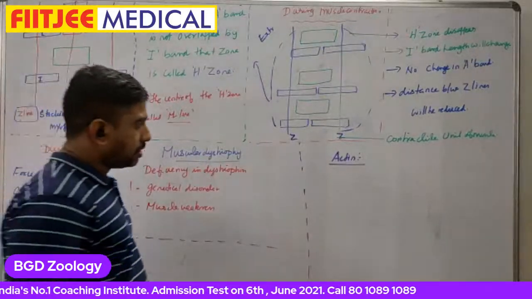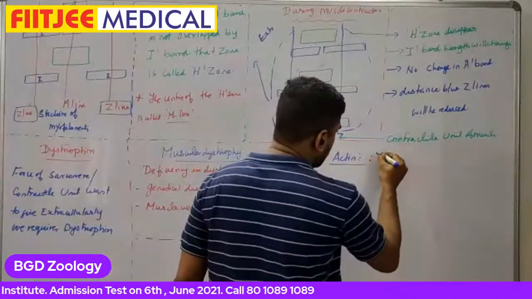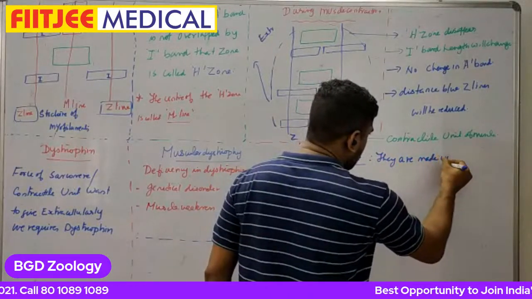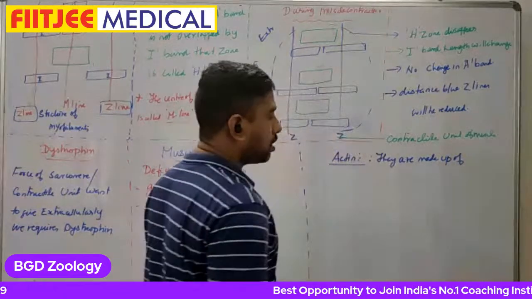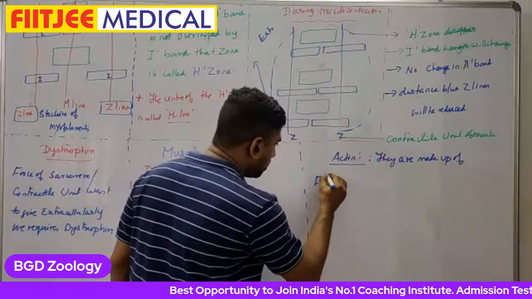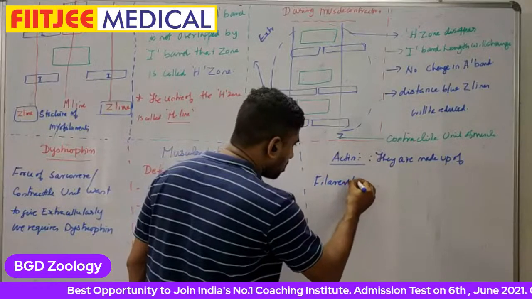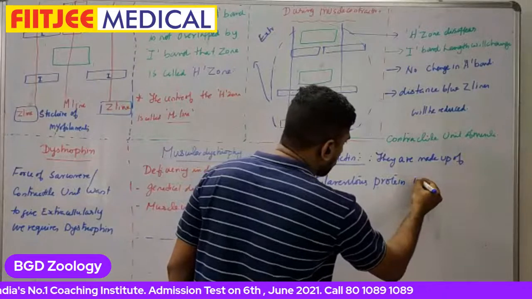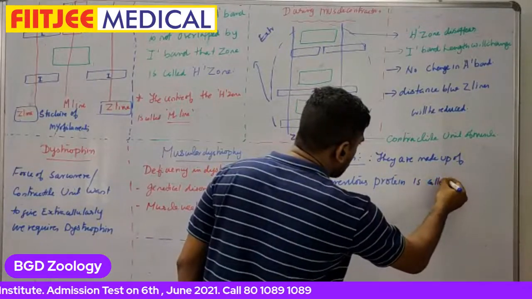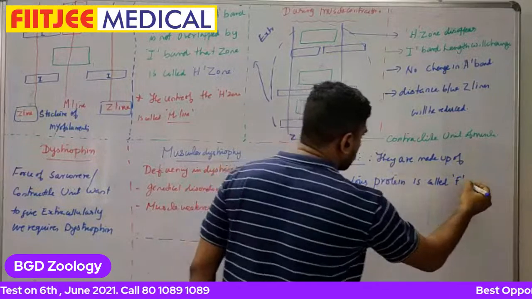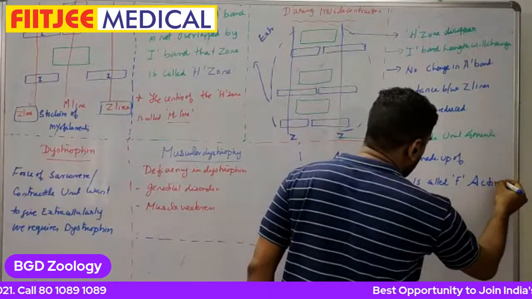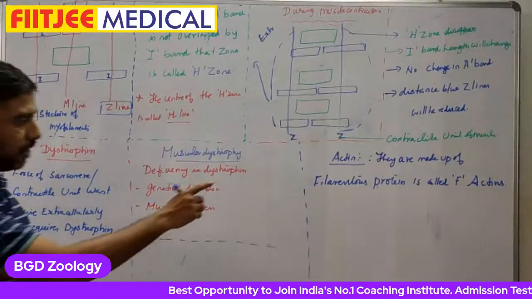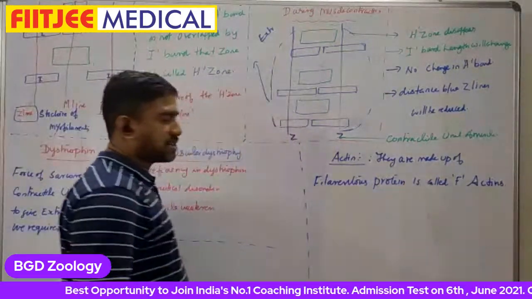Actin, if you consider, is made up of filamentous protein called F actin. No doubt. The filament is the reason we call it F actin.